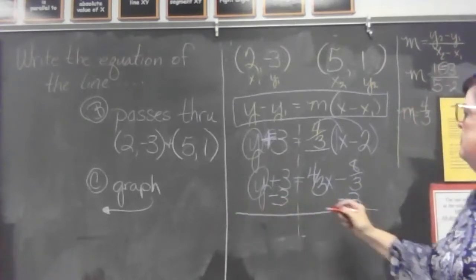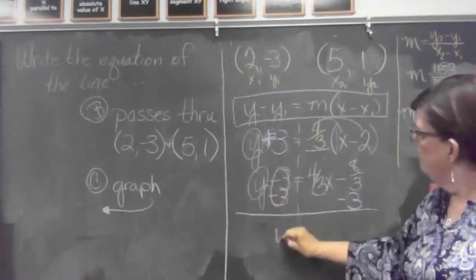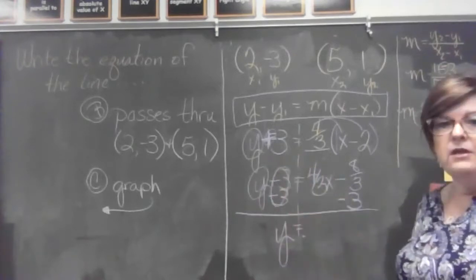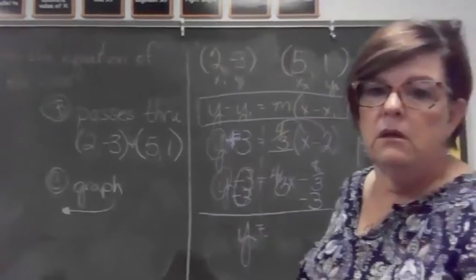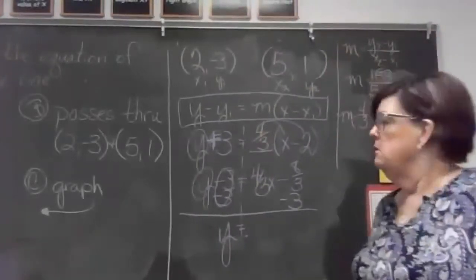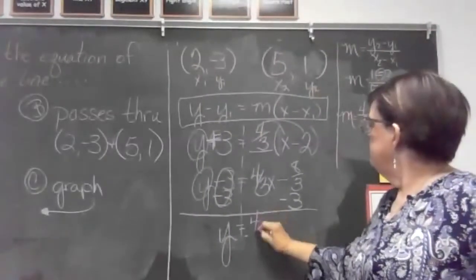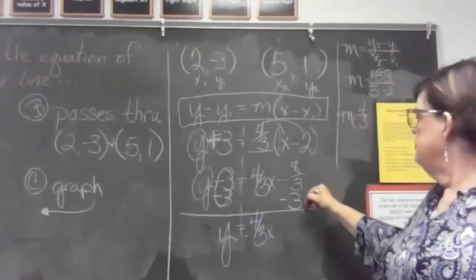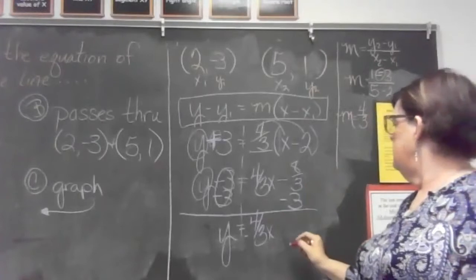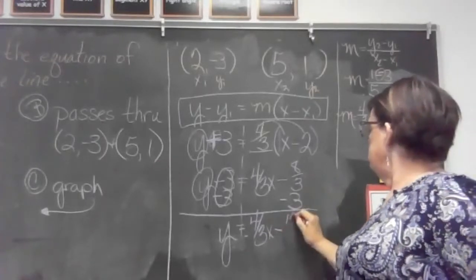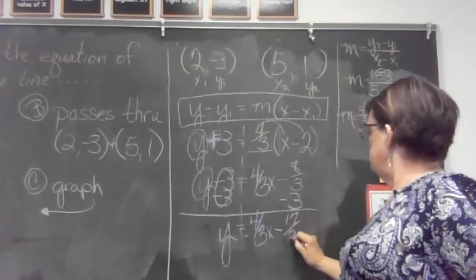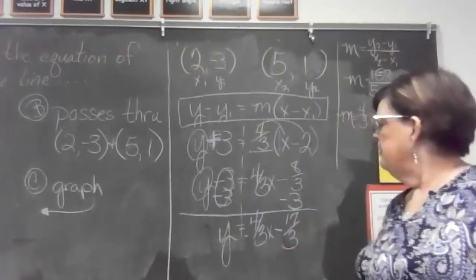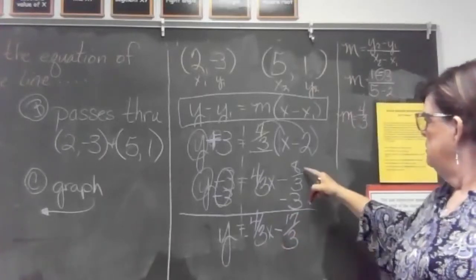Now, this is a 0, so we've got y equals 4/3 x. And when you do this, I'm pretty sure it comes out 17/3.